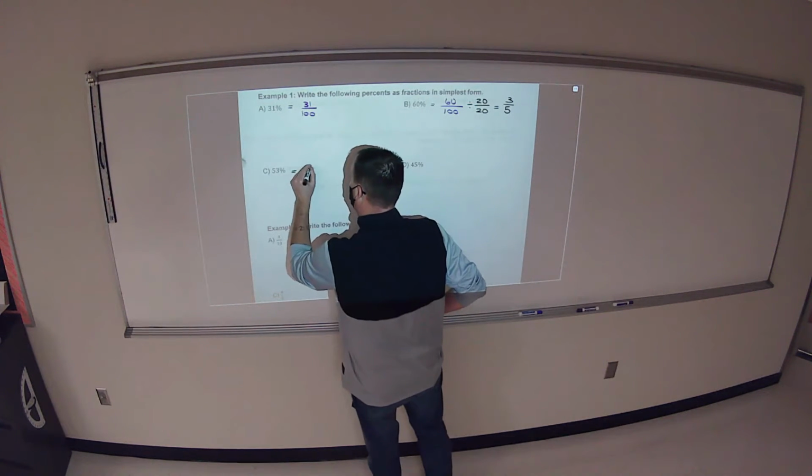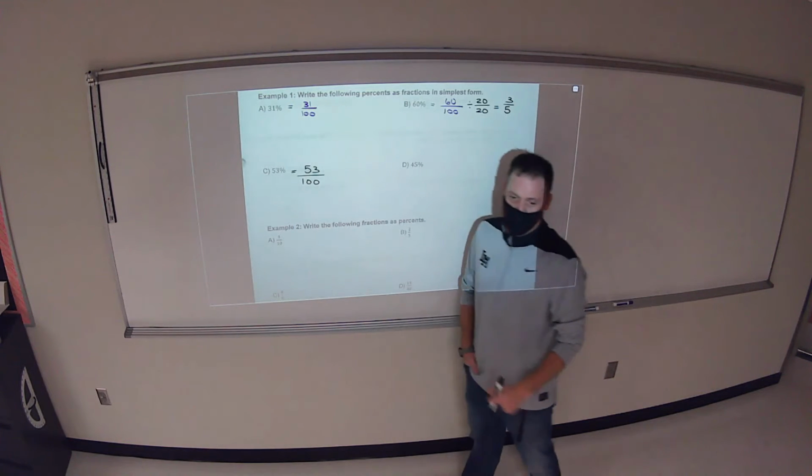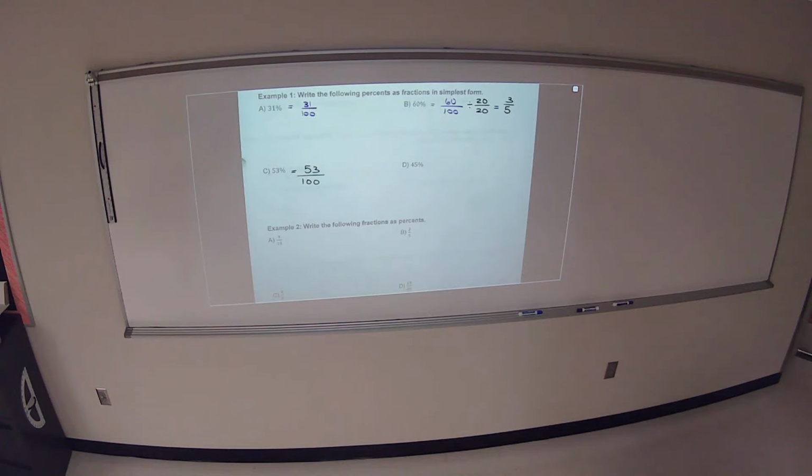You have an integer number on the top and you have a 100 on the bottom. That's what you're looking for. Okay? If you add a percent at the end of this problem, it's wrong. There's a lot of times that people just kind of ignore the percents. 60 is 60. Okay, 0.5 is 0.5.